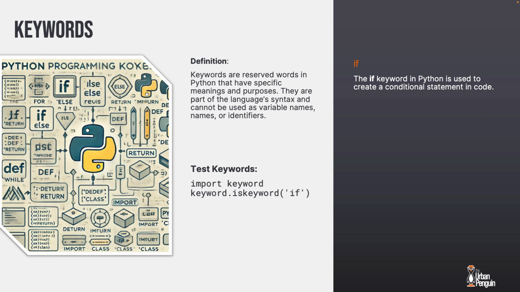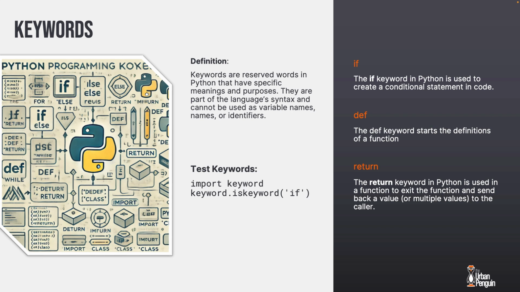As we look at some common keywords, we've got the if statement, which is used to manage conditional statements. The def keyword, which starts the definition of a function, your own code that you can repeat anytime that you need.